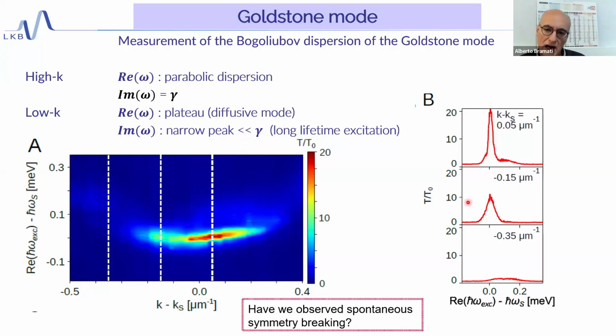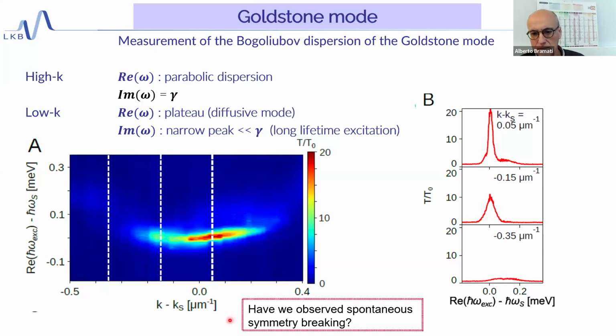And for larger wave vector here, we recover a parabolic dispersion and also a linewidth which is of the order of the bare polariton linewidth. So these observations are a strong indication that we have indeed observed the Goldstone mode.